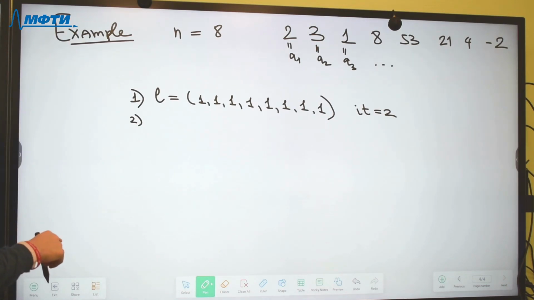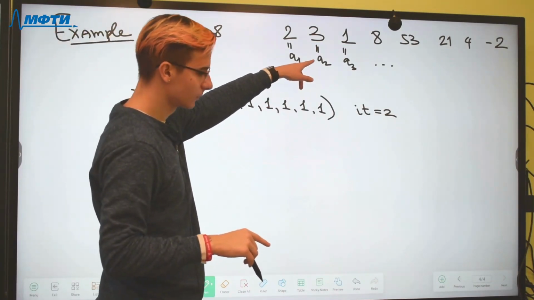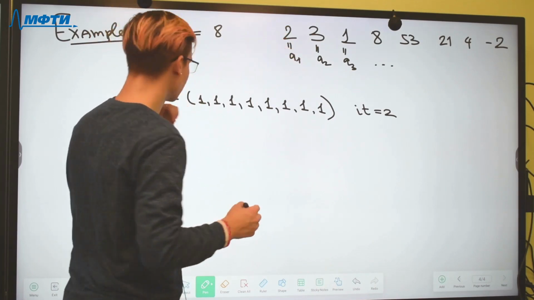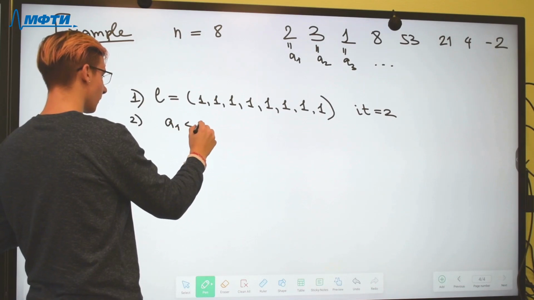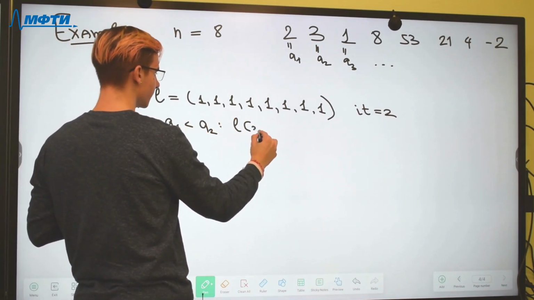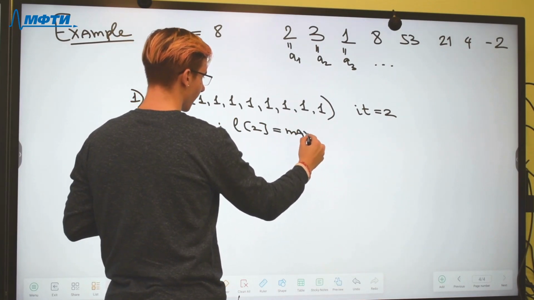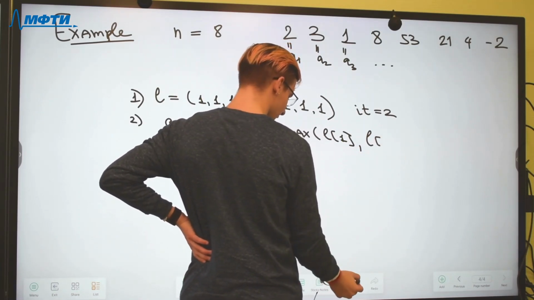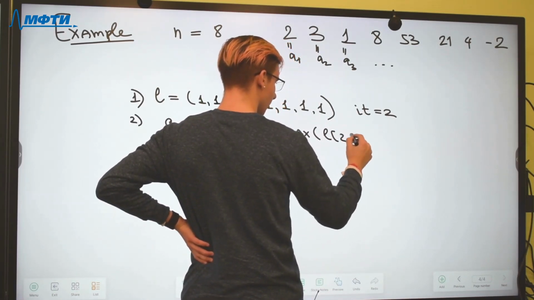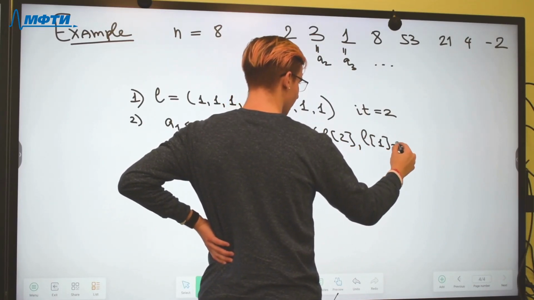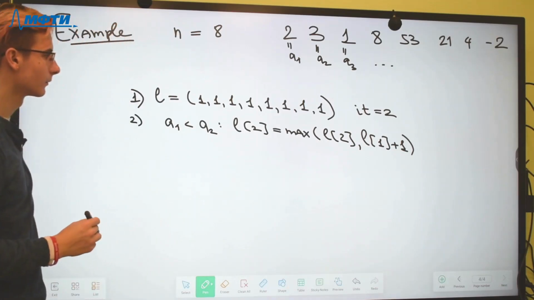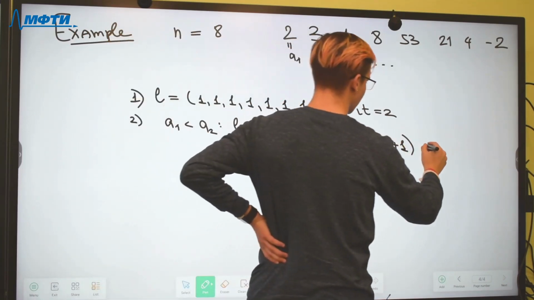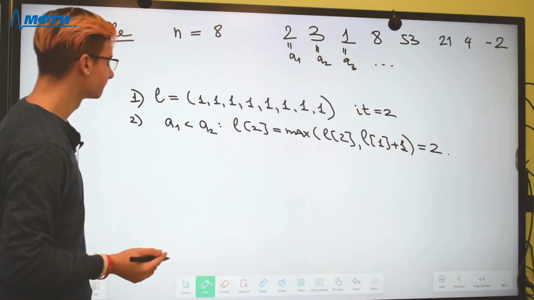We say for a2 we find a1 less than a2. So L of 2 is equal to the maximum of L2 and L1 plus 1, so it's equal to 2.